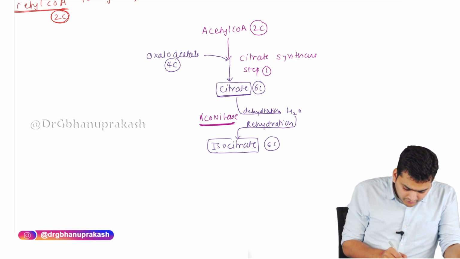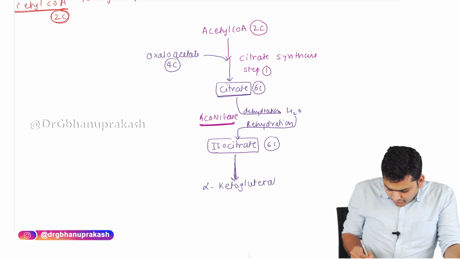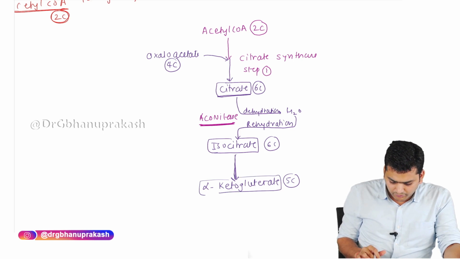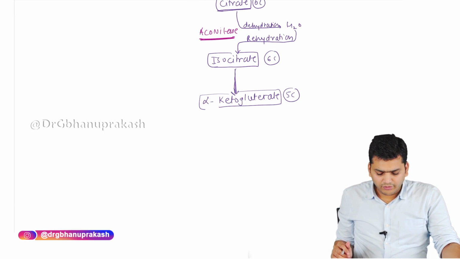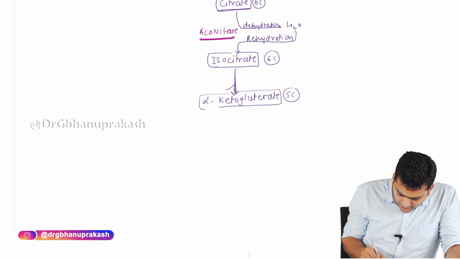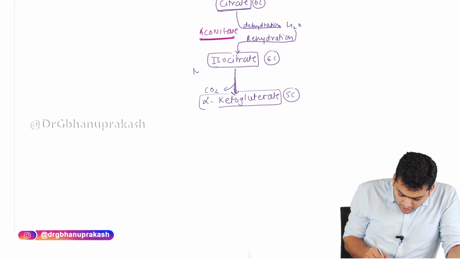Then this isocitrate is going to convert into the key molecule of the Krebs cycle, alpha ketoglutarate, which is a 5-carbon molecule. In this reaction, 6 carbon converting into 5 carbon means you need to take out 1 carbon dioxide. Also, NAD converts into NADH.